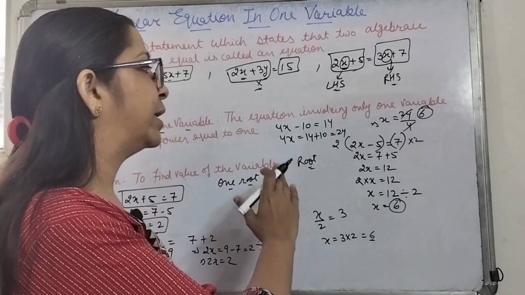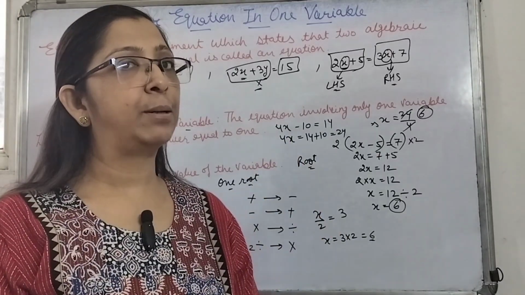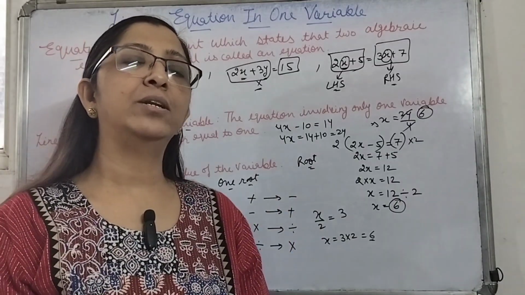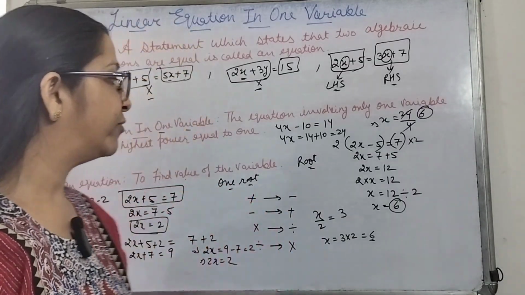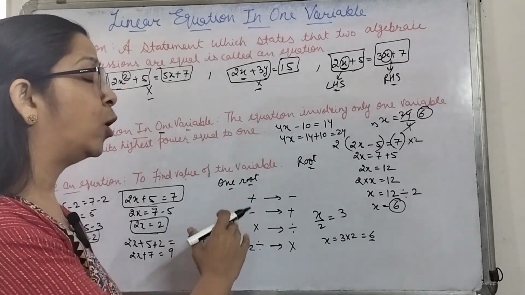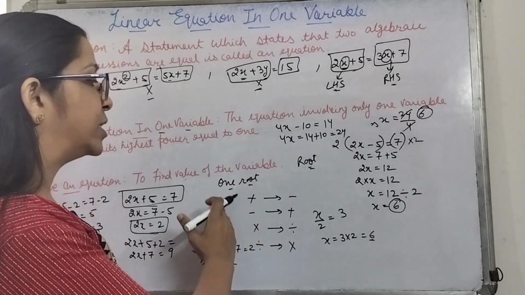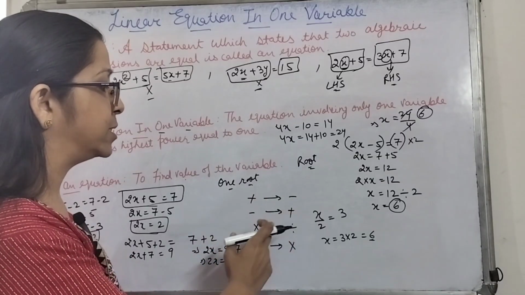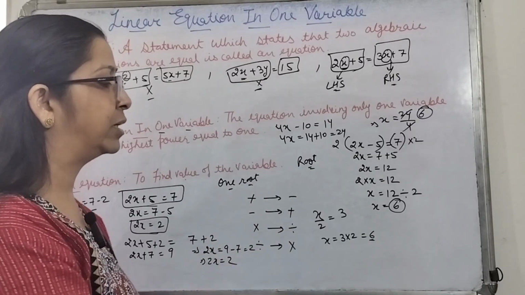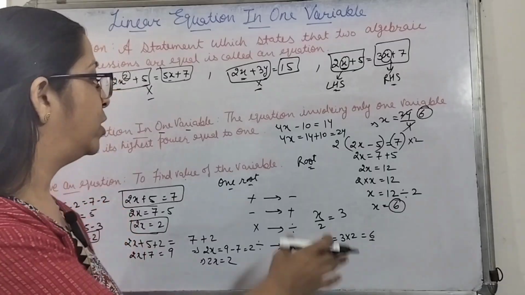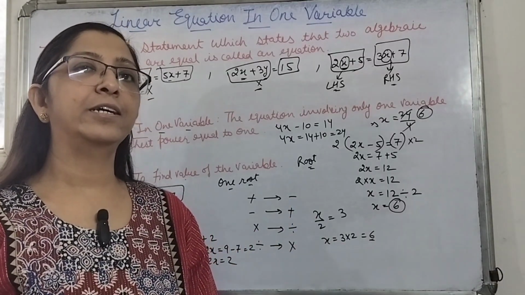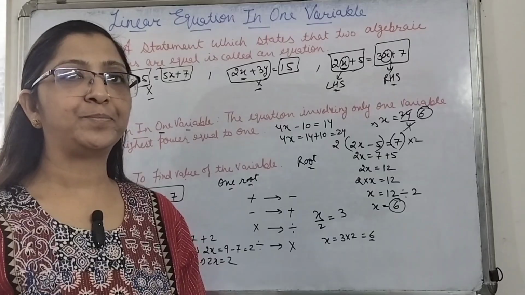So we can multiply, divide, add, or subtract the LHS and RHS by the same number, and our equation will remain unaltered. And when we transpose any number or variable from one side to another, plus changes to minus, minus changes to plus, multiplication changes to division, and division changes to multiplication. All these are the concepts which we will use while solving our linear equations in one variable.